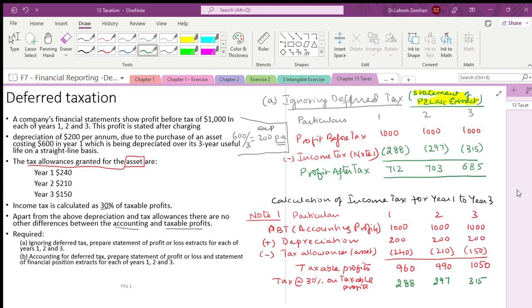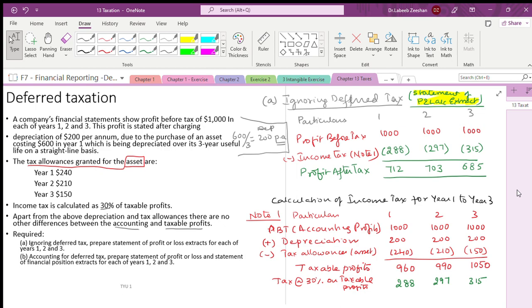Where 672? We will deduct tax at 30% from the taxable profit, or not? 960 times 0.3 is 288, yes, it's correct.